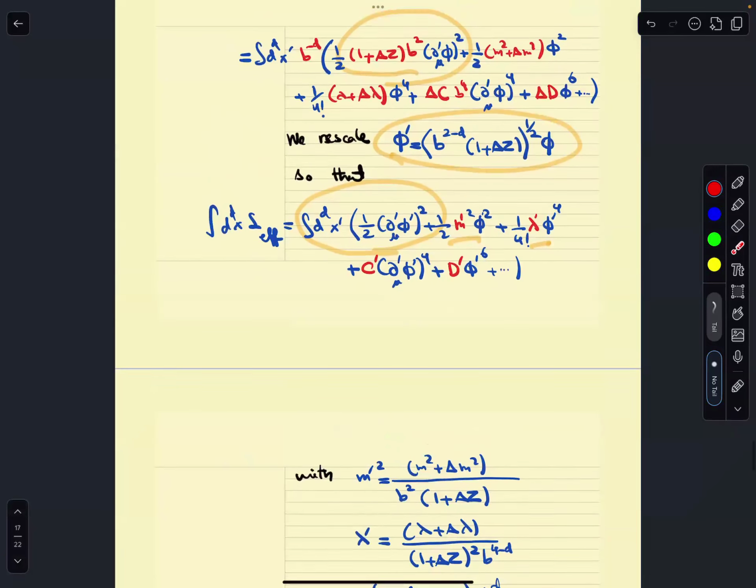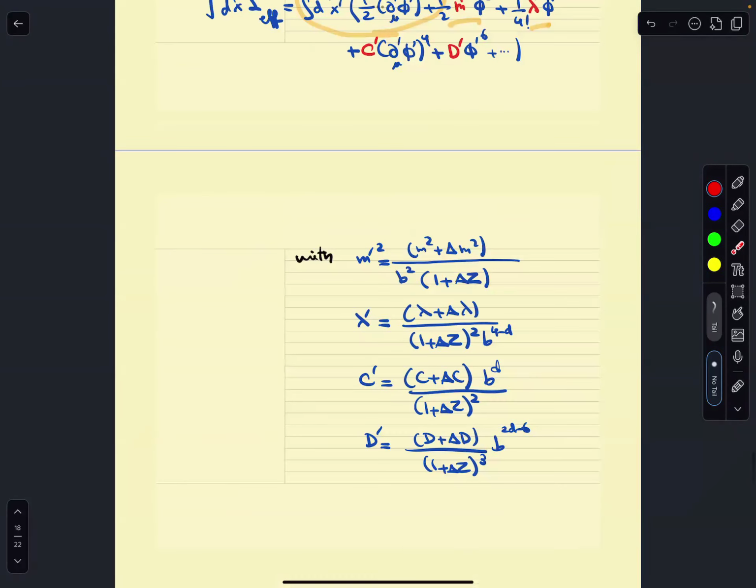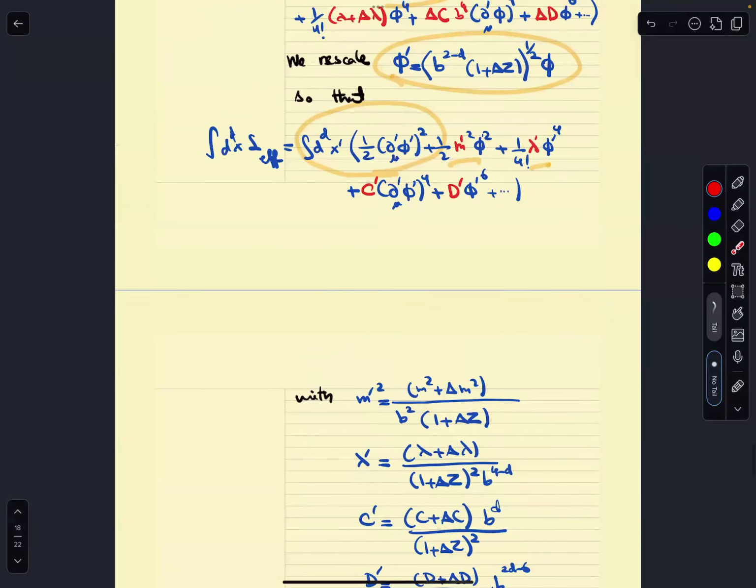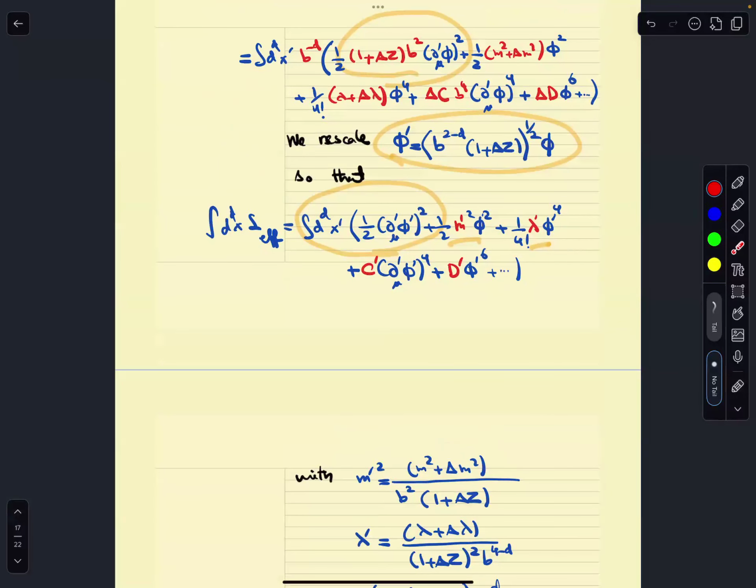Putting all of these together, just rewriting this in this form, you learn that m prime squared is m squared plus del m squared over b squared 1 plus del z. Where does this come from? It comes from the fact that we went from phi squared to phi prime squared.